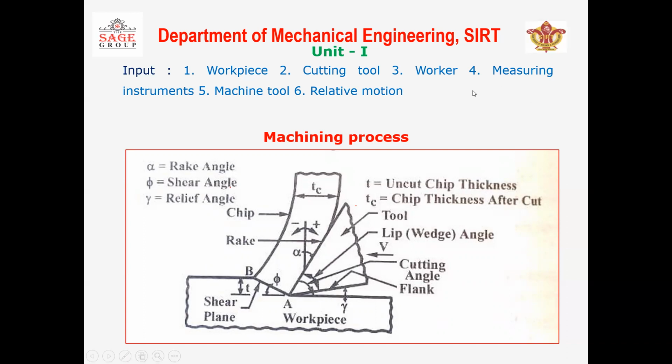Then a worker or employee is required to run the machine to make successful operations. And number four, measuring instruments are also required. With the help of measuring instruments, proper marking is done so that we can get the proper size after the machining process. Then machine tool.